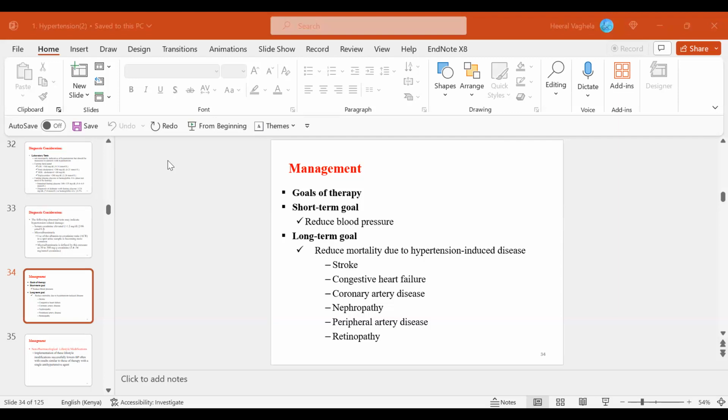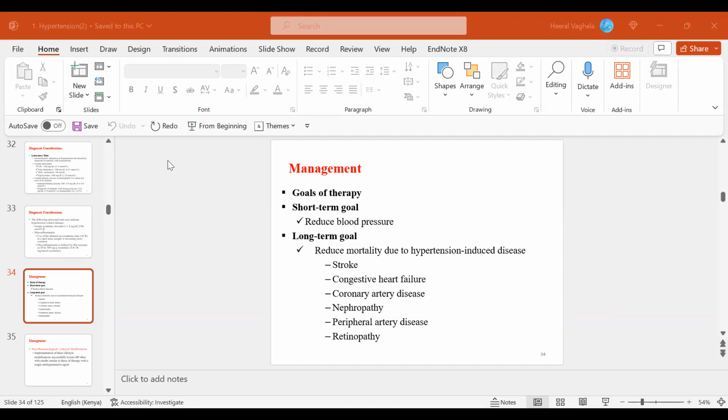You can tell us something about the DASH diet. I think the DASH diet mainly comprises a diet that's high in veggies, fruits, low fat, and also low sodium diet.